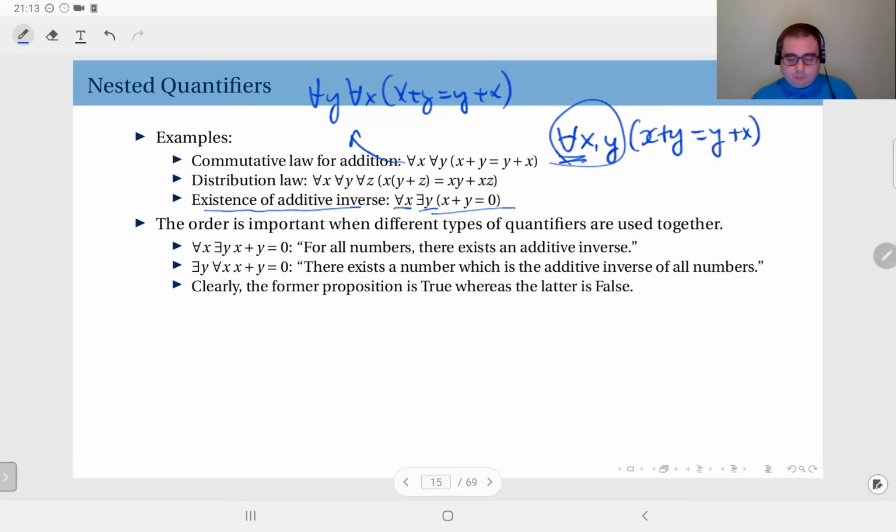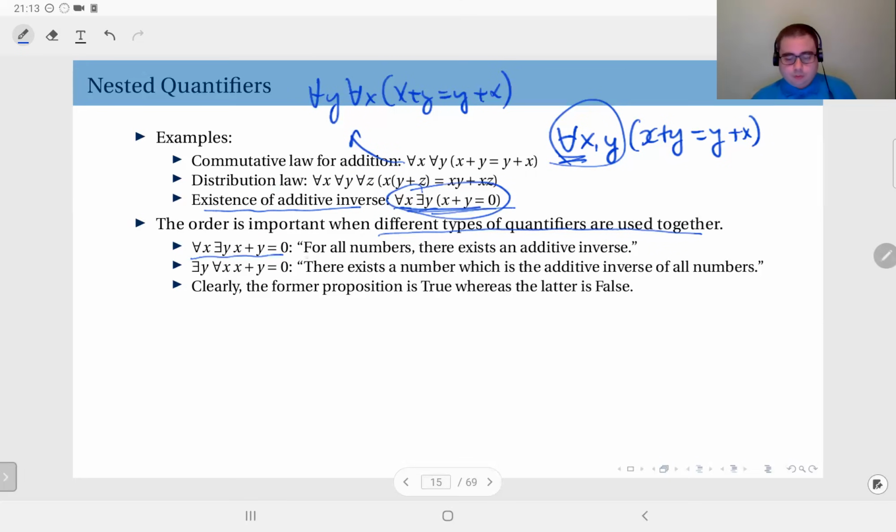However, like this one, if you have different types of quantifiers in your statement, the order is significant. When you have different types of quantifiers together, the order is important. Take this one for instance. Again, copy it here: for all x, there exists a y such that x plus y equals 0.